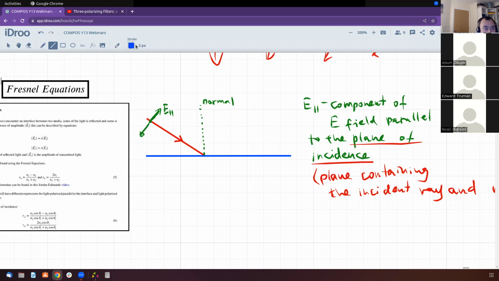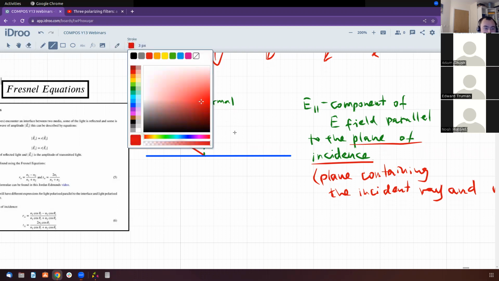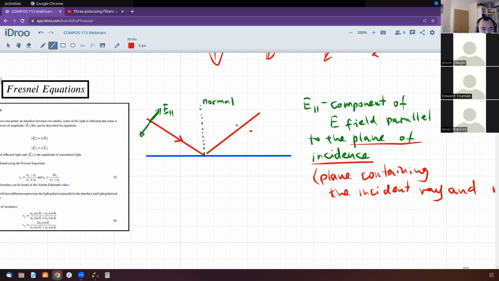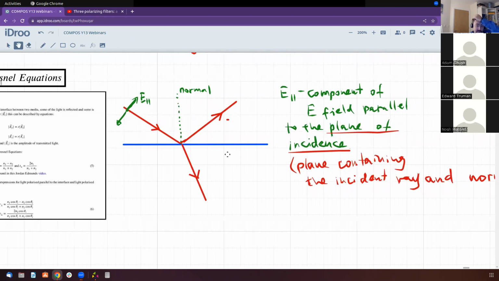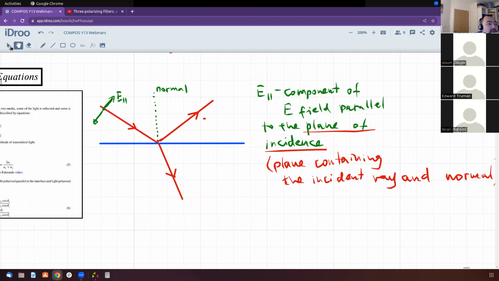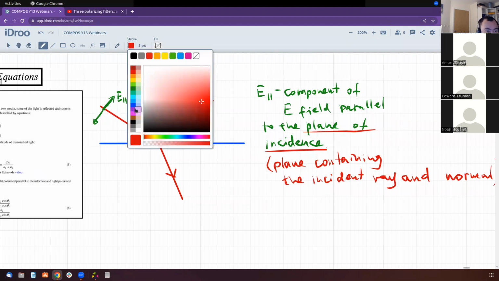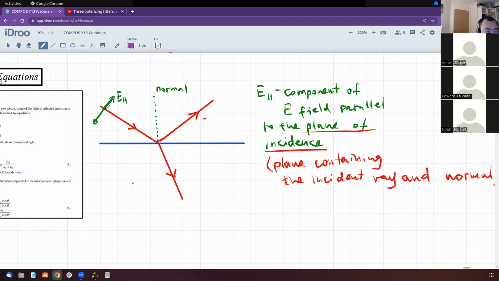And some of the light is reflected, and some of the light is transmitted. And the light that is perpendicular, well, we can draw it like a dot. It's towards us.